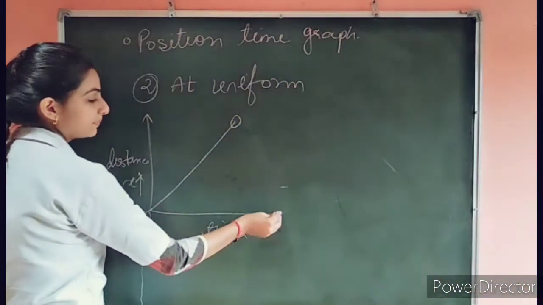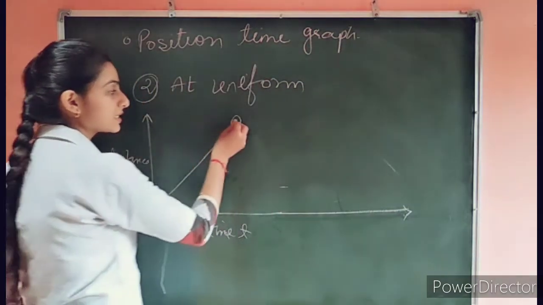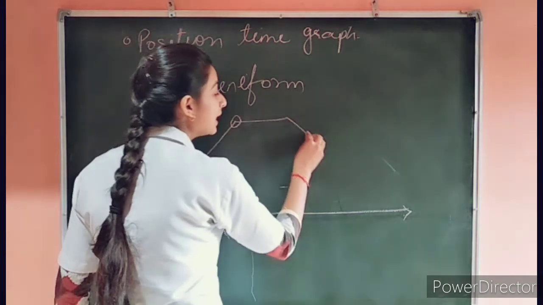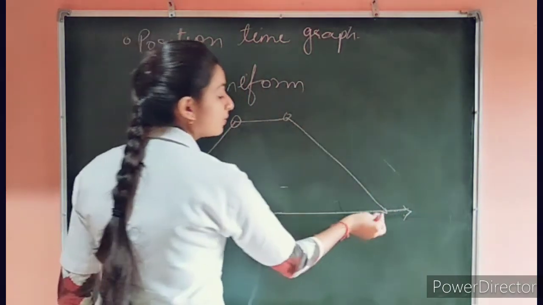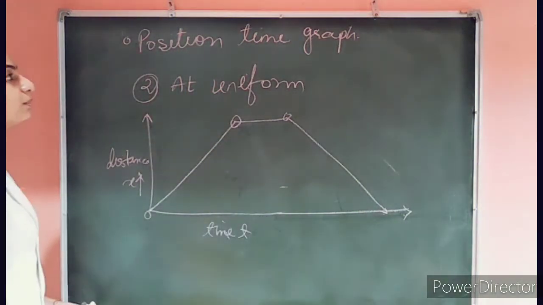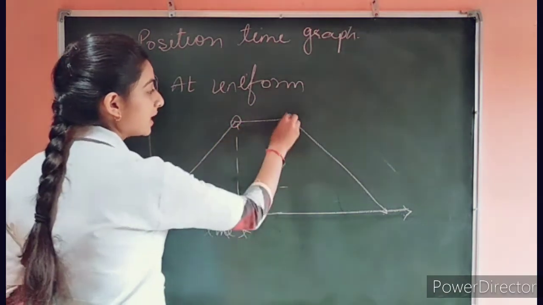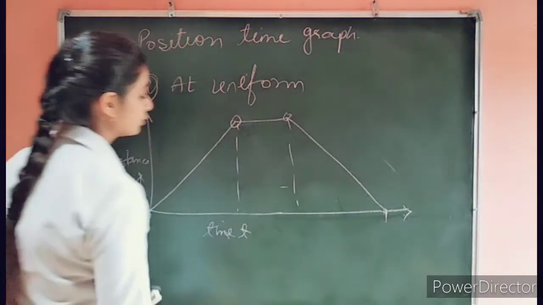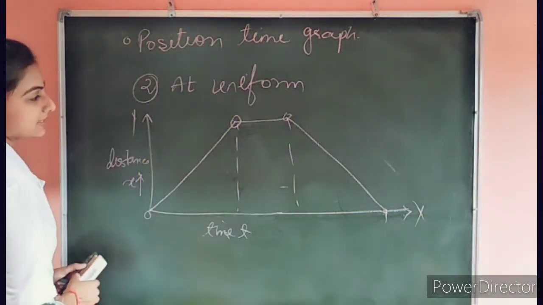If the object reaches its initial position, then it comes back to its final position. This is the uniform motion for the position time graph.